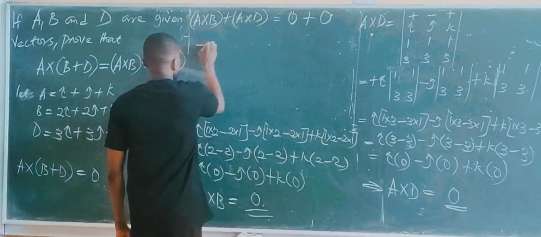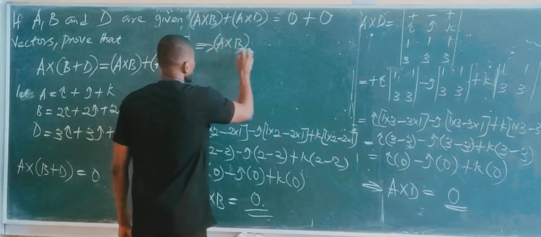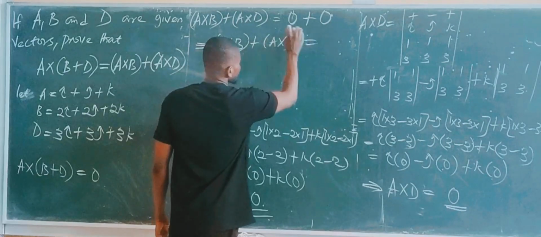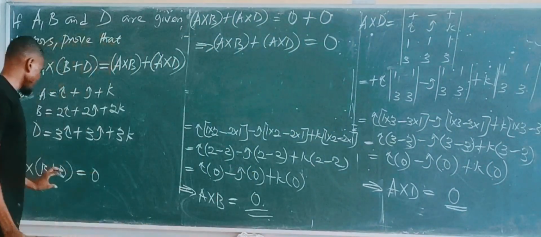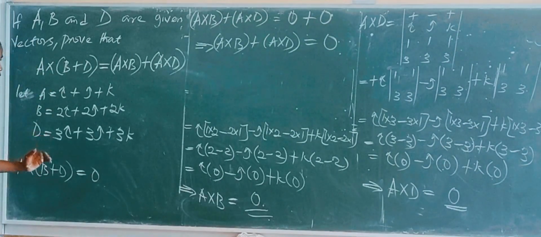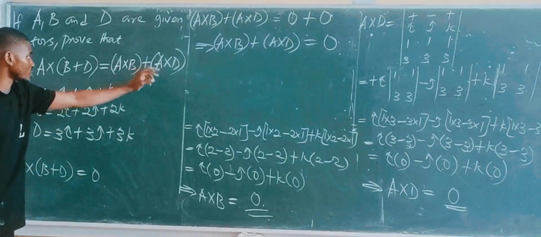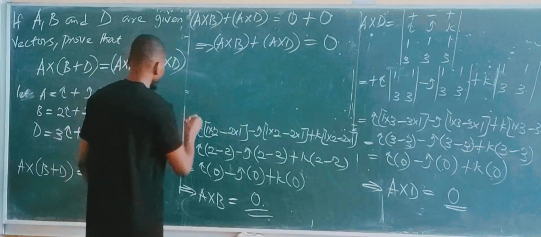So this simply means that A cross B plus A cross D is actually 0 plus 0, which also gives us 0. Now, since the left hand side, A cross B plus D, is equal to 0, and the right hand side, A cross B plus A cross D, is equal to 0, it means the two are equal. Therefore, the law exists.